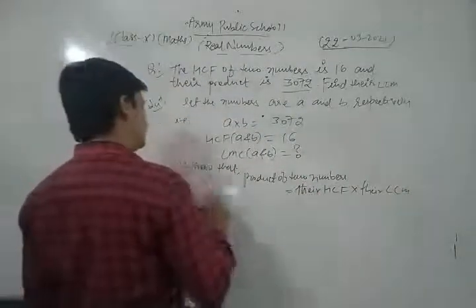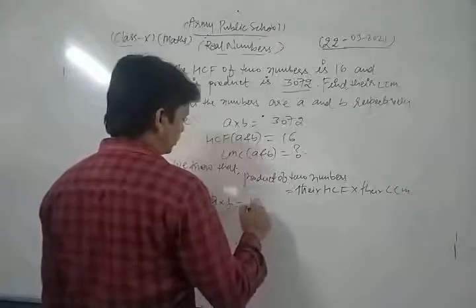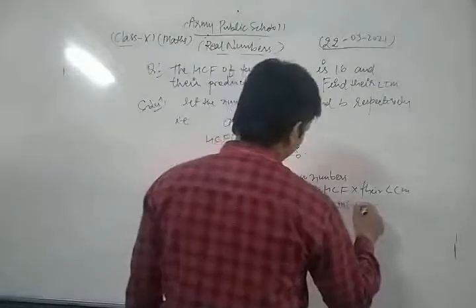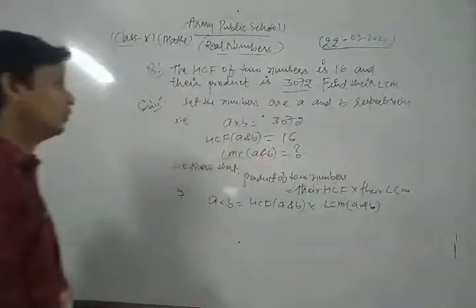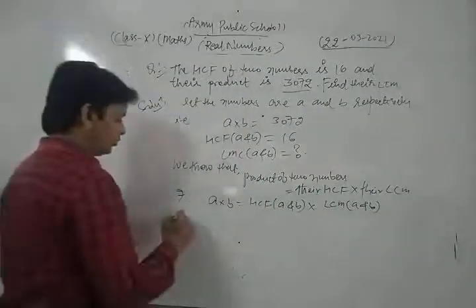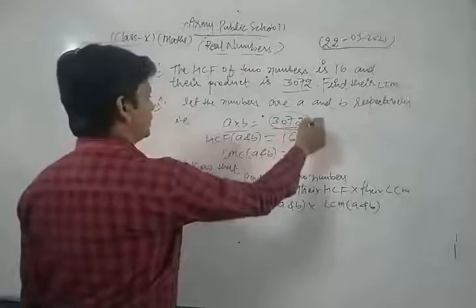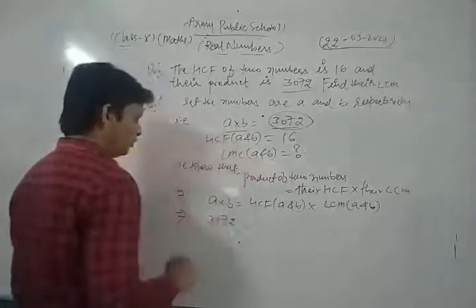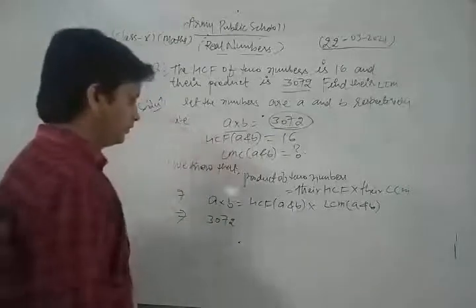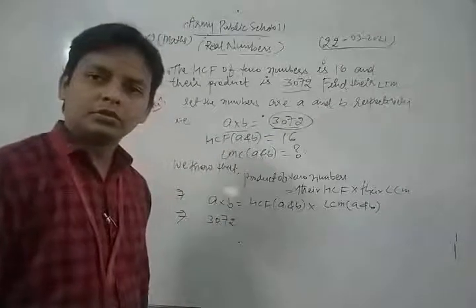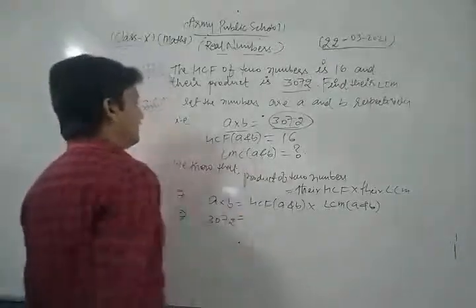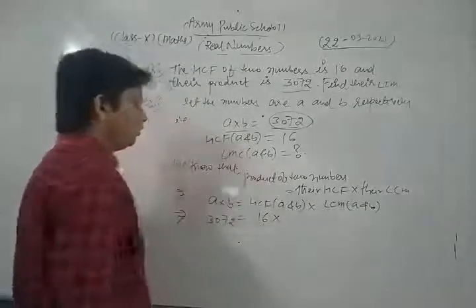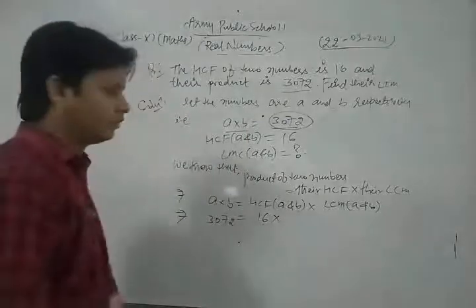That is, A into B is equal to HCF of A and B into LCM of A and B. Now we put each value in this formula: 3072 is equal to 16 into the LCM of these numbers. We find that.